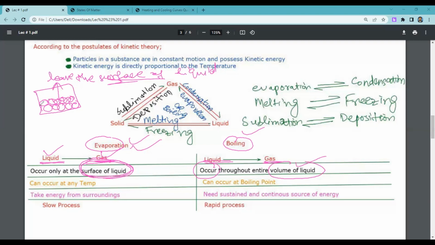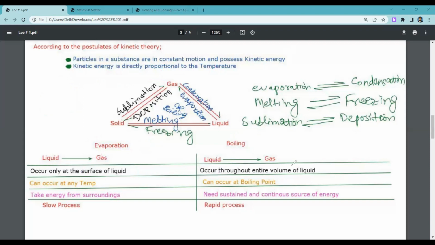It does not only occur at the surface of the liquid. During boiling, a liquid forms bubbles. This arrangement is just like a solid, but you can consider it a liquid. I am just making rough diagrams. You know that I am not good at drawing. It occurs in the entire volume of the liquid.